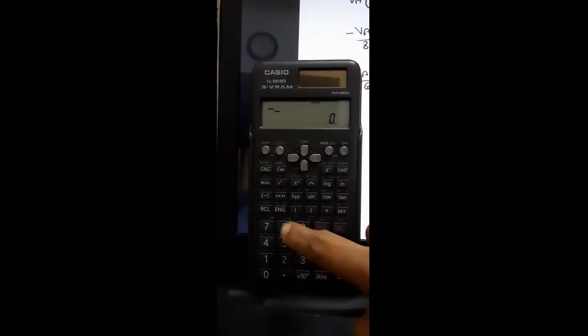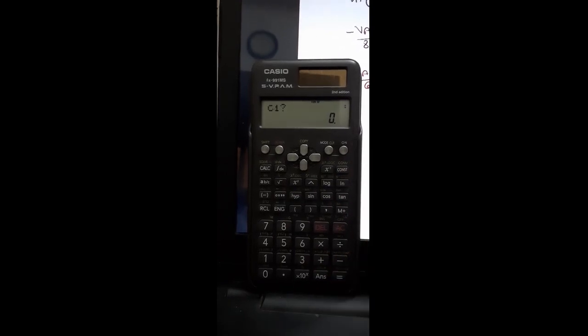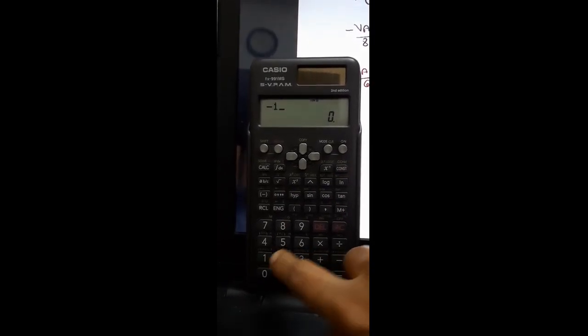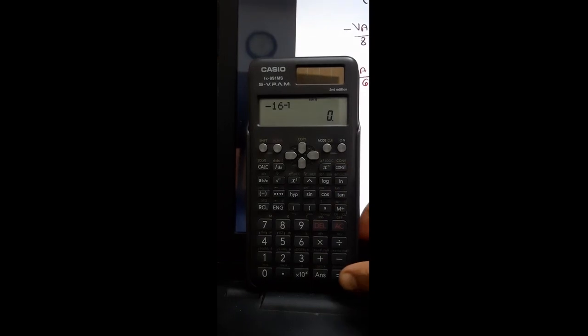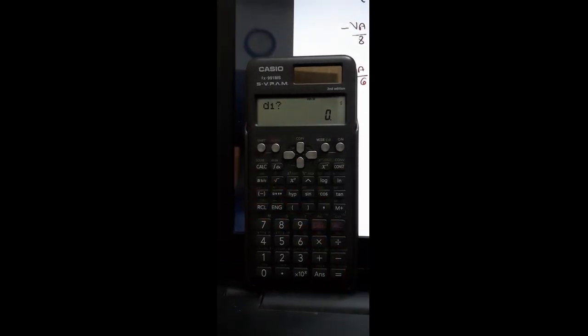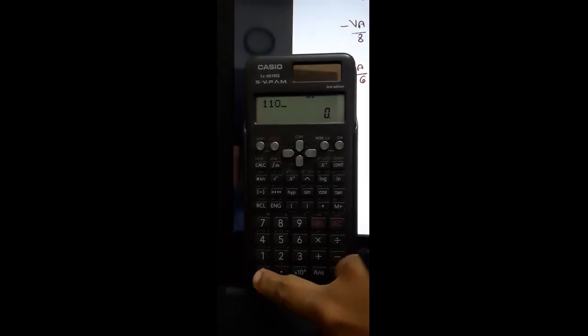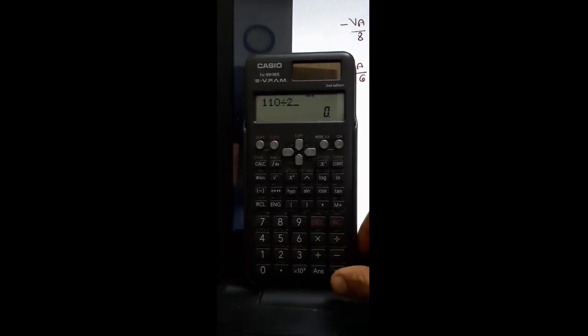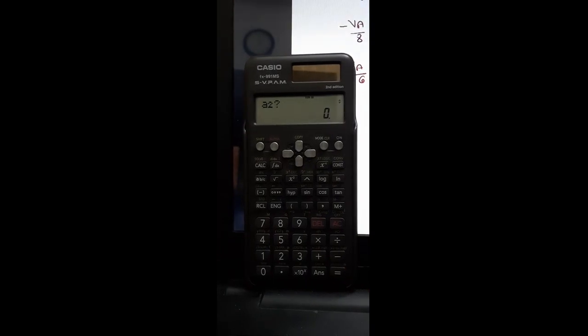B1 is minus 8 inverse. You can check the equation. C1 is minus 16 inverse. And the constant at the RHS I will write as 110 by 2. Though I know it is 55, I will write 110 by 2.